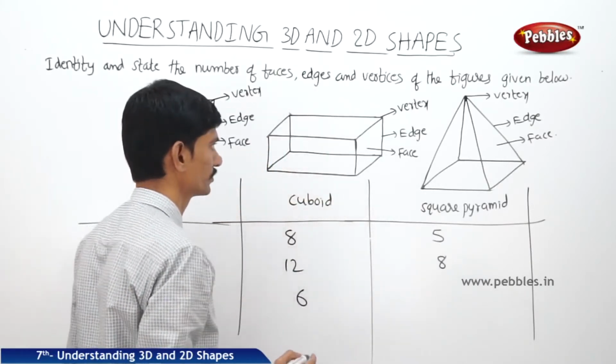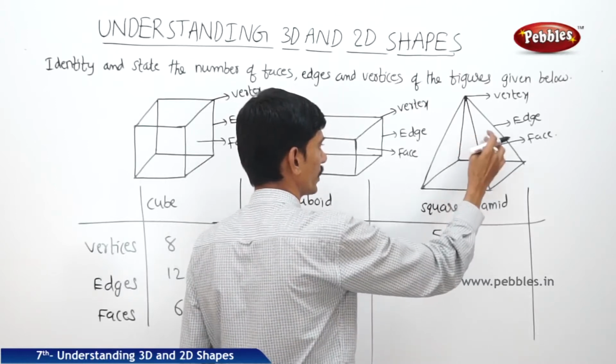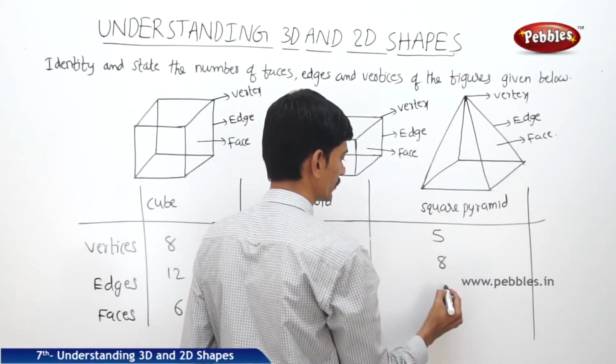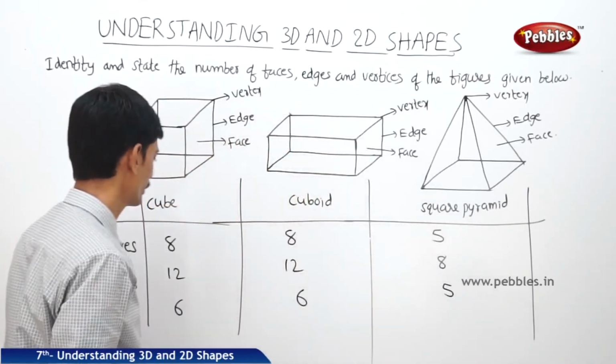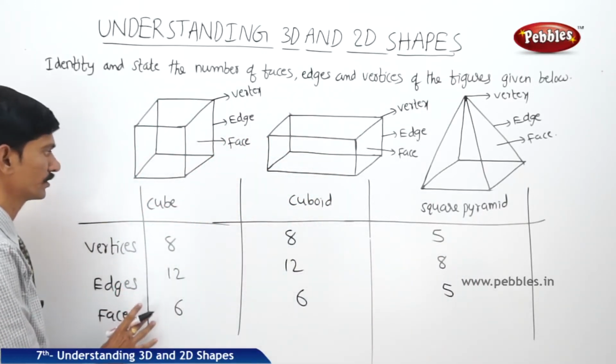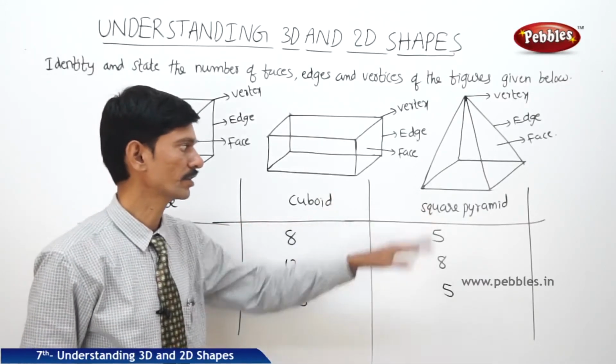Then the faces, the number of faces is 4 lateral faces plus 1, 5. So this is the number of vertices, edges and faces of different solid shapes: cube, cuboid and the square pyramid.